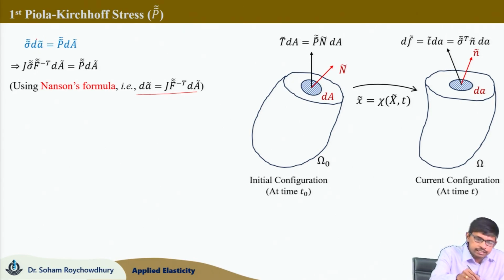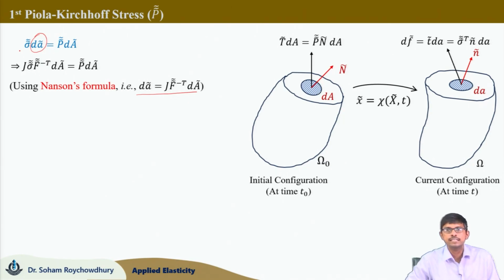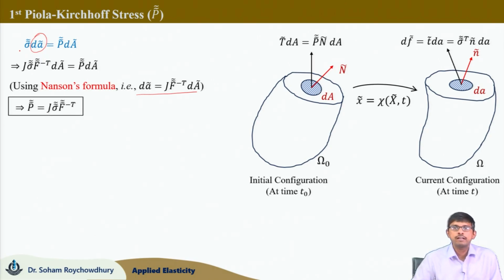Substituting that in the left hand side, we get the equation J sigma F inverse transpose d capital A equals P times d capital A. Thus, the first Piola-Kirchhoff stress tensor P is J times sigma F inverse transpose. This is the relation between P and sigma.